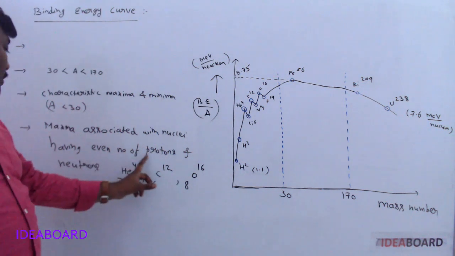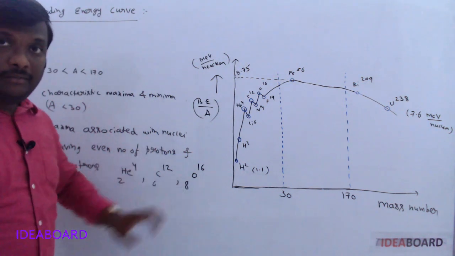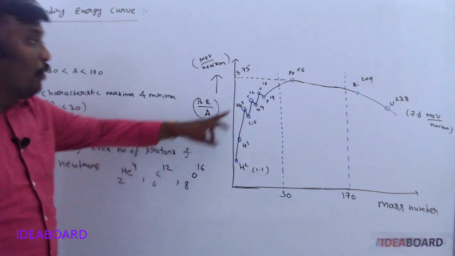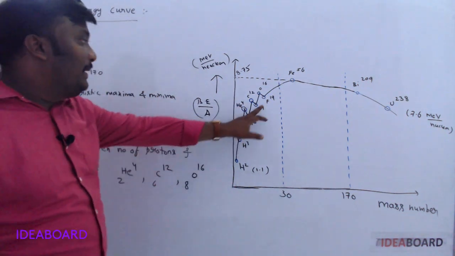So, if you have an equal number of protons and neutrons, then the nucleus is more stable compared with the minima.